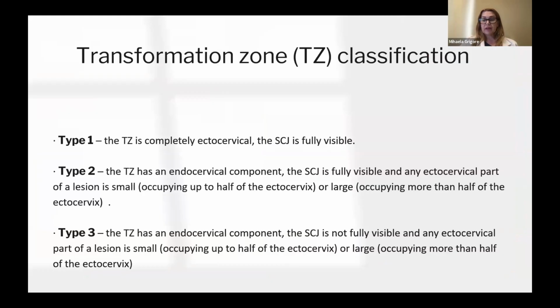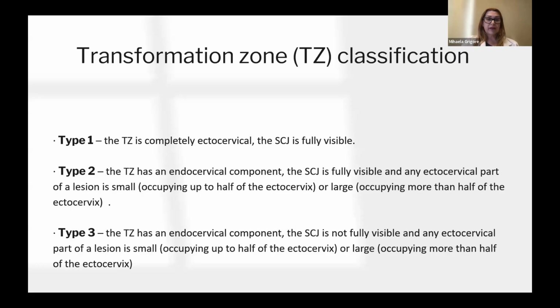According to the latest classification of the IFCPC, we have 3 types of transformation zone. Type 1, the ideal situation, is when the transformation zone is completely on the ectocervix, so we can see it clearly, and we can see the squamocolumnar junction on its entire length.